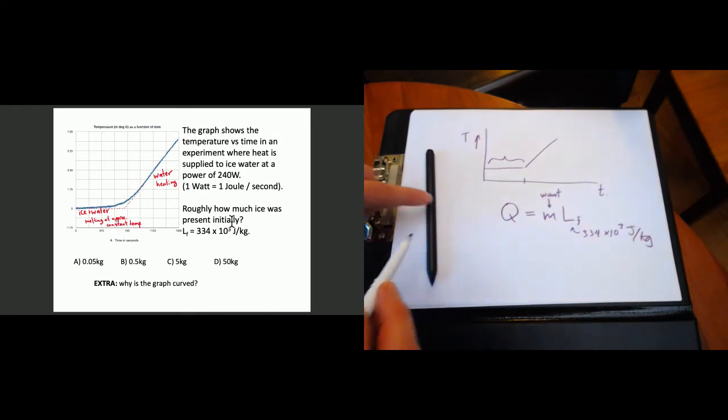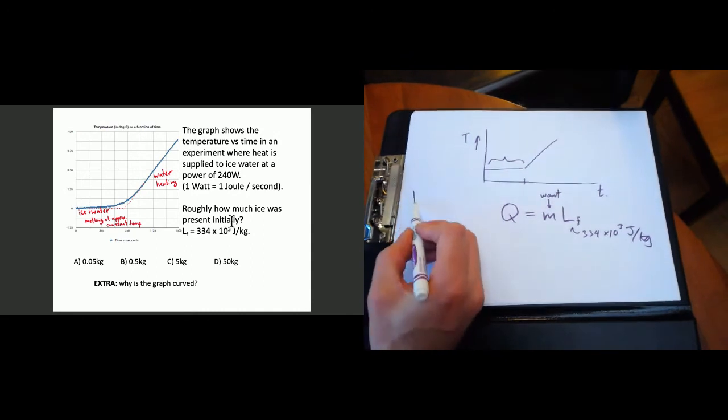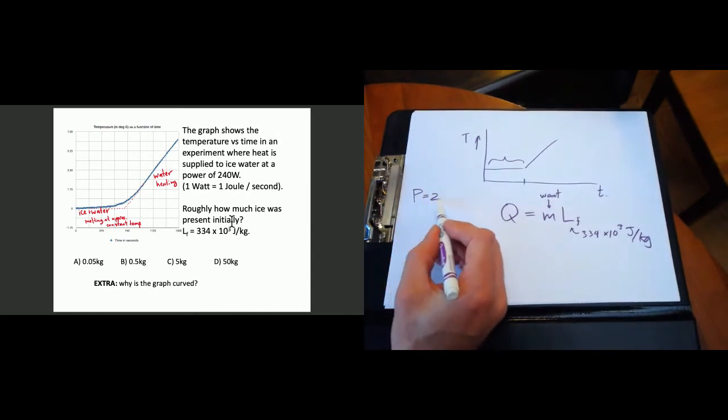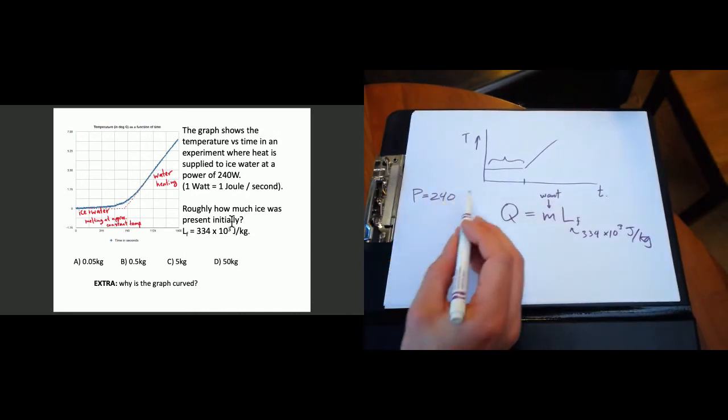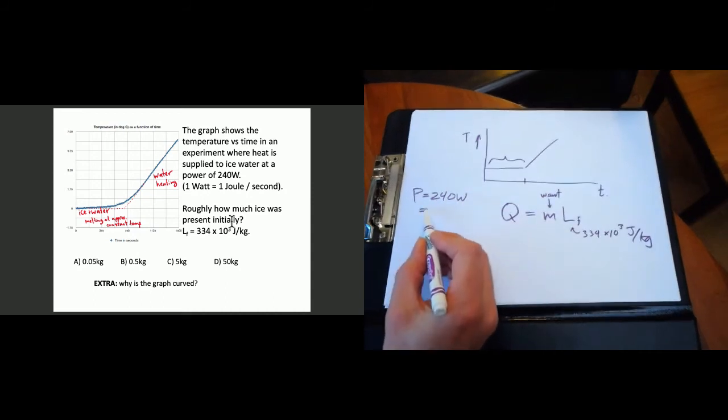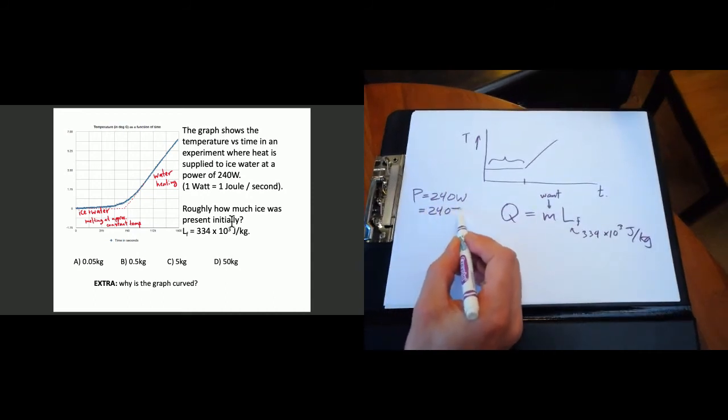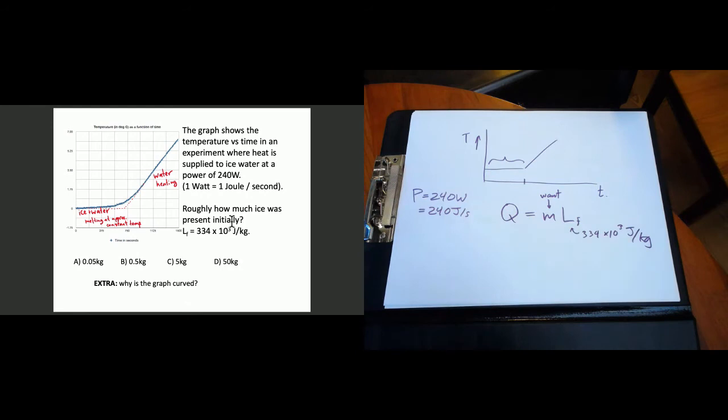What we're told is that we add energy at a power of 240 watts. So that's equal to 240 joules per second. And so in order to understand how much total energy we've added during this period where the ice is melting, we just have to look at our graph.